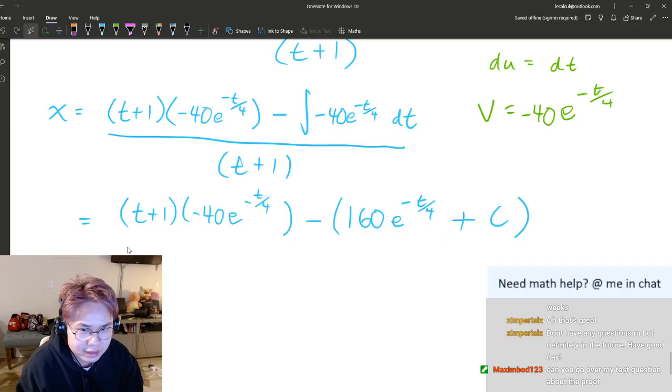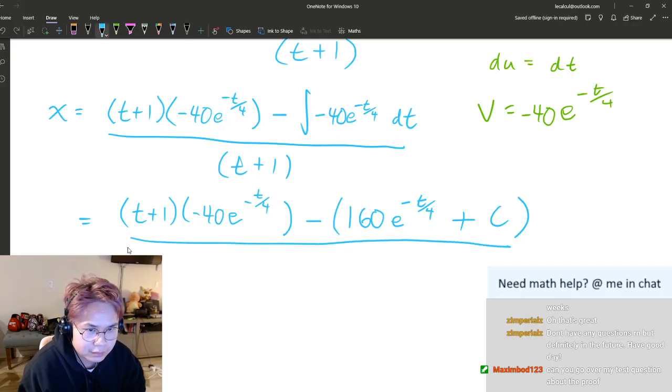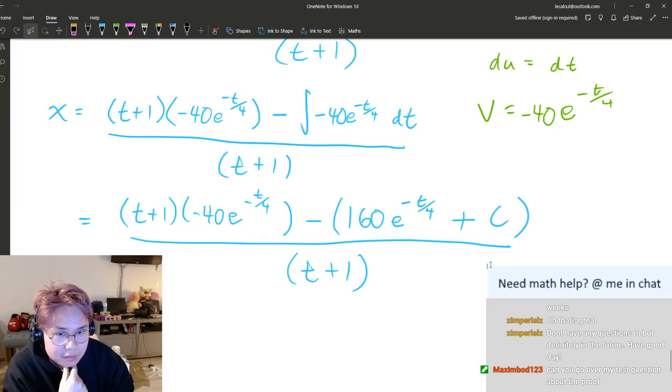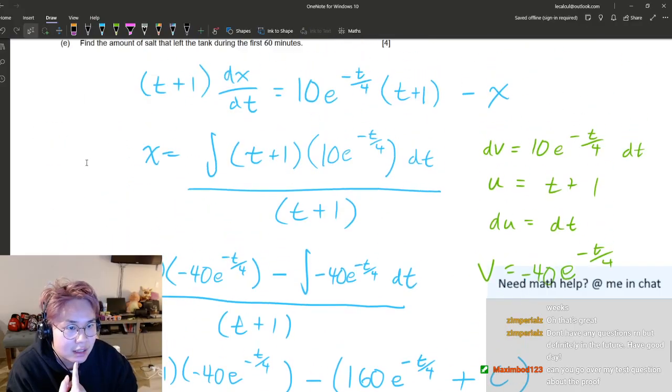So it looks like we're almost there. We need to find out what the constant is. So there needs to be some information the question gave us about x.